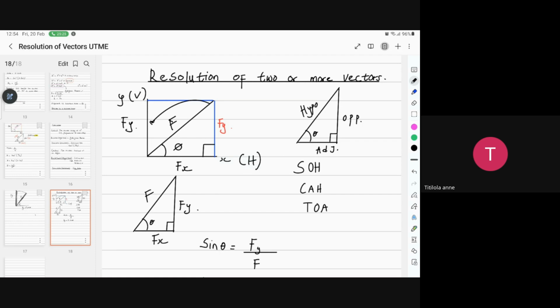Now, for the sake of our sister Titola, let's find our way around it so that she too will understand. Hope we are good with taking others along, right? I think that's our rule. We need to take others along.